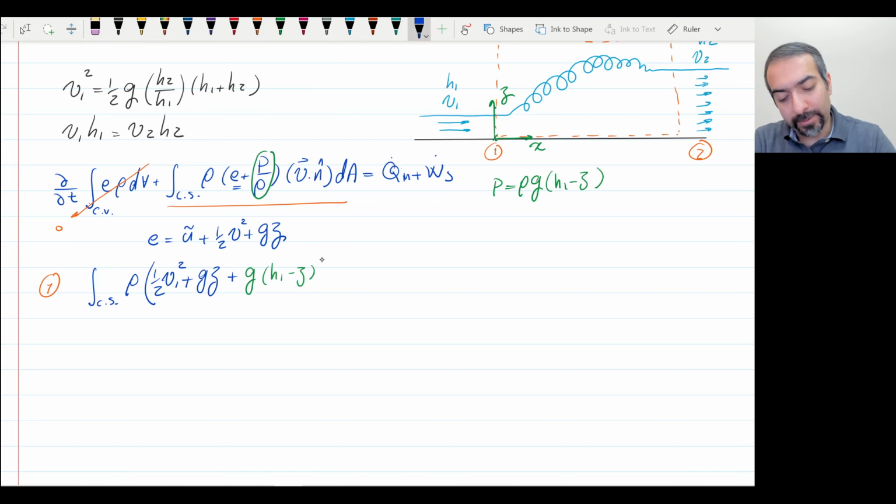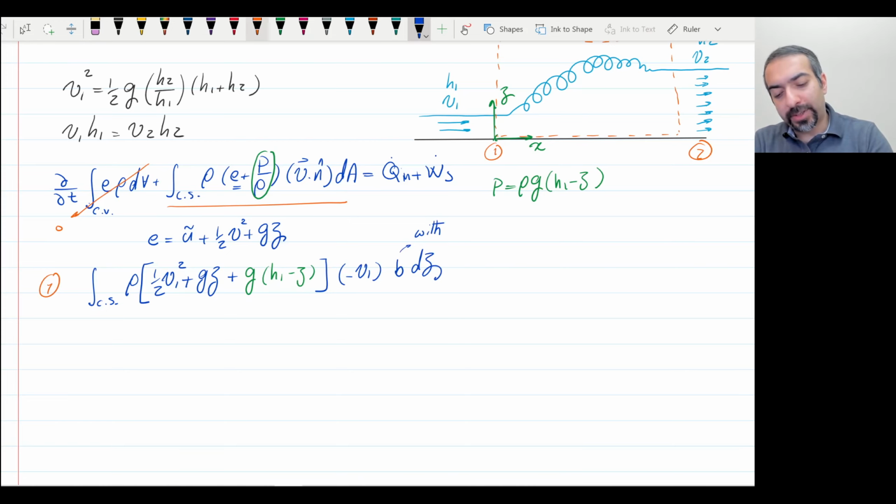And there you go. I'm going to substitute the parentheses with a bracket. For area 1, V dot n: V is to the right, n hat is to the left, so V dot n gives me negative V1. And dA is B, the width of the control volume, times dZ.